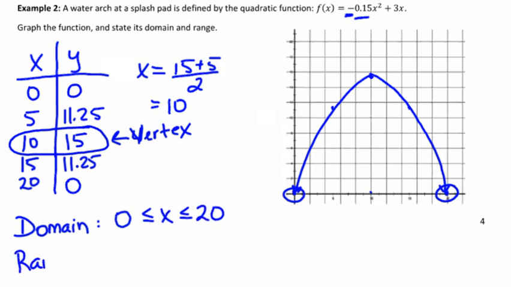And our range, y is greater than or equal to 0, but less than or equal to our highest value for y, which was 15 in our vertex. So this whole graph is everything left and right between 0 and 20 for our x's, and everything between 0 and 15 for our y values.